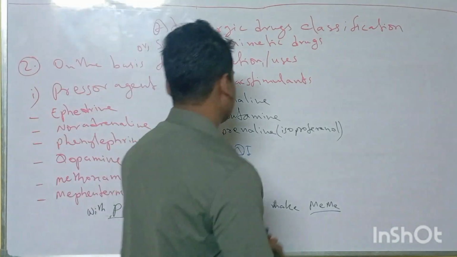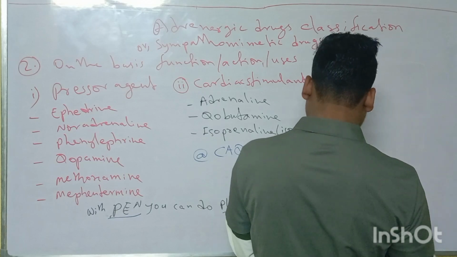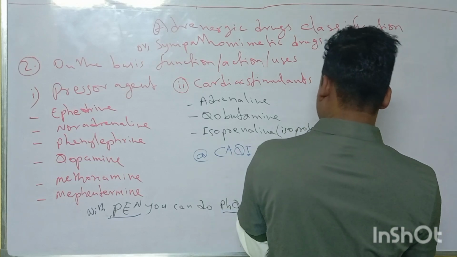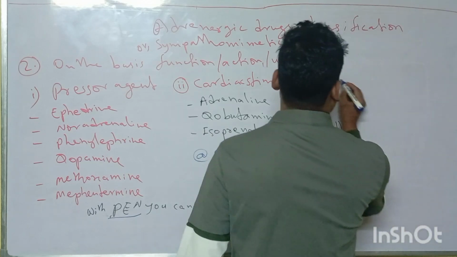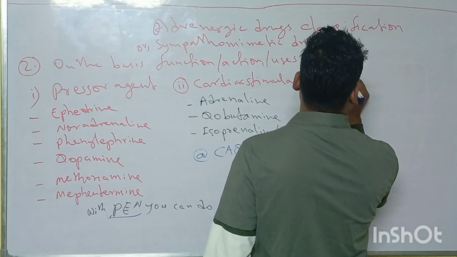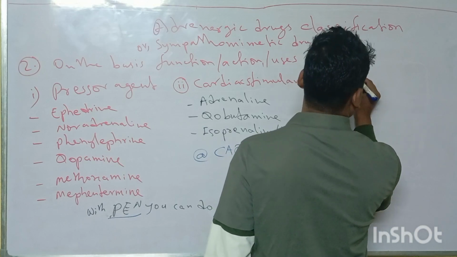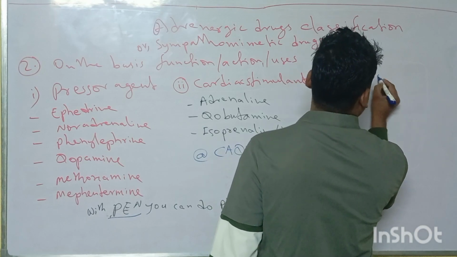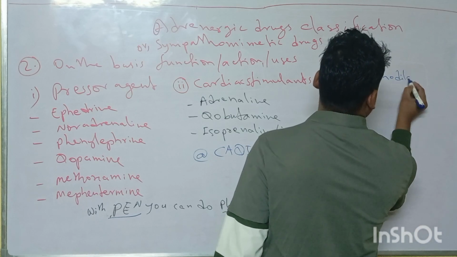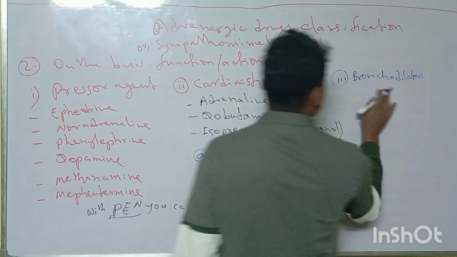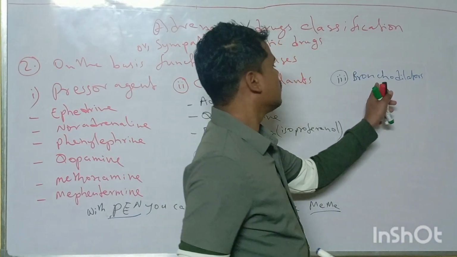Then what will be the next classification type? For example, bronchodilators. What will it do?